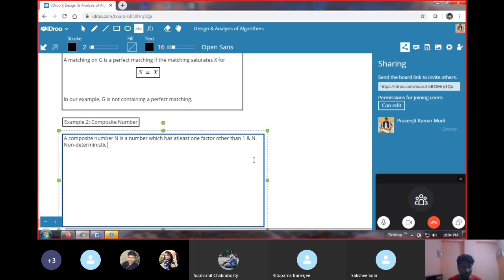Very easy to understand. So now a non-deterministic algorithm to check whether a number is a composite number or not.